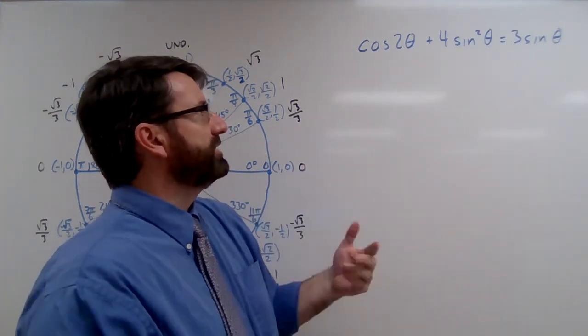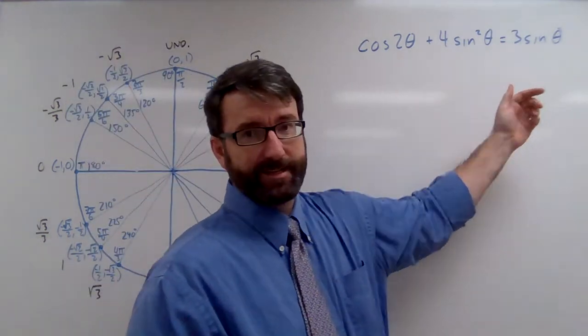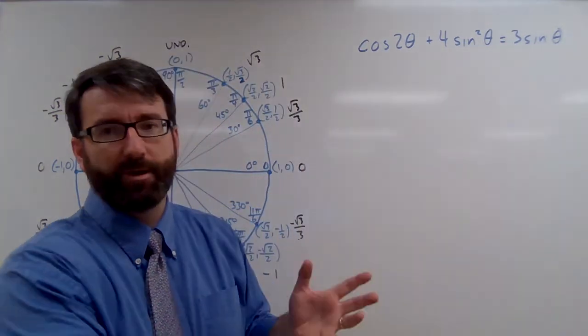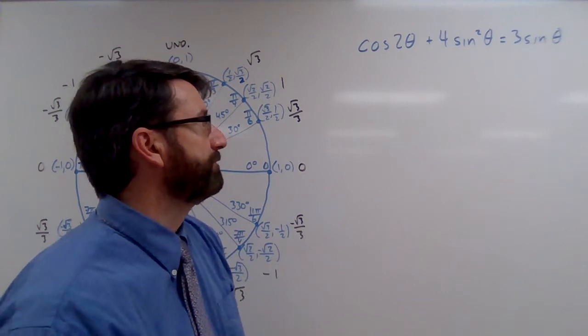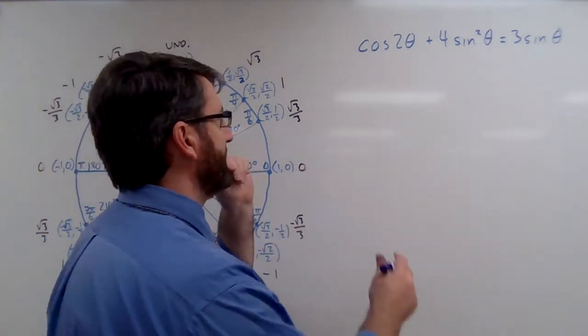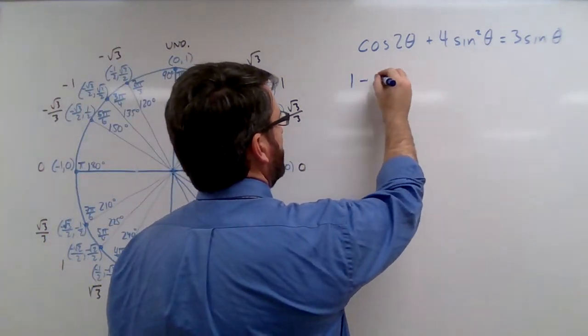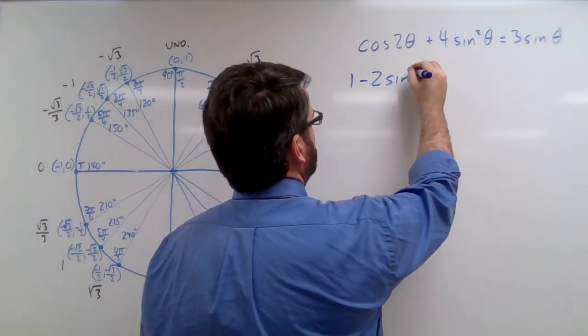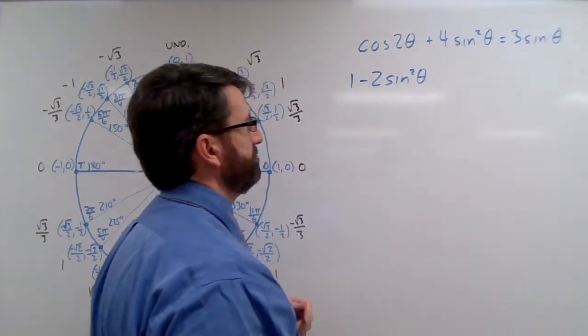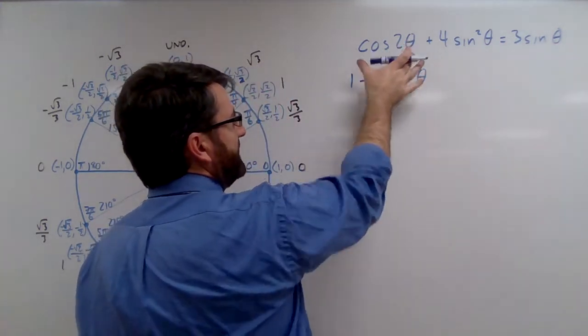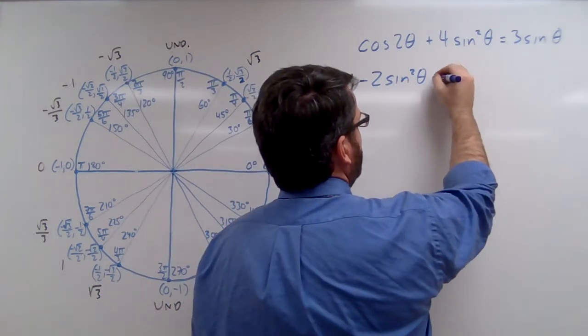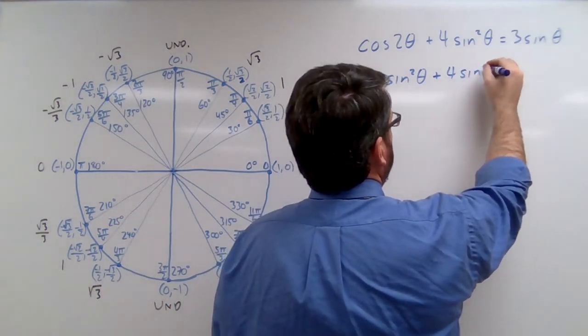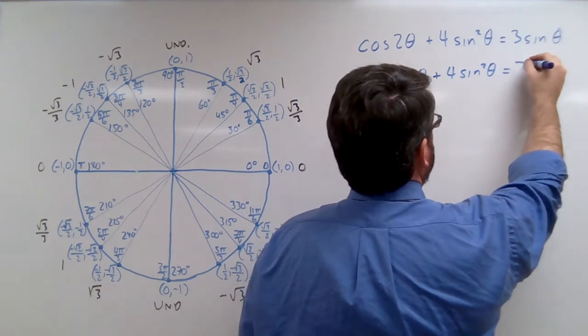And we're going to choose the one that just has sine in it so that our entire equation will just be sine. So cosine 2 theta is equal to 1 minus 2 sine squared theta. And so we replace that with this, and then everything else will stay the same for now.